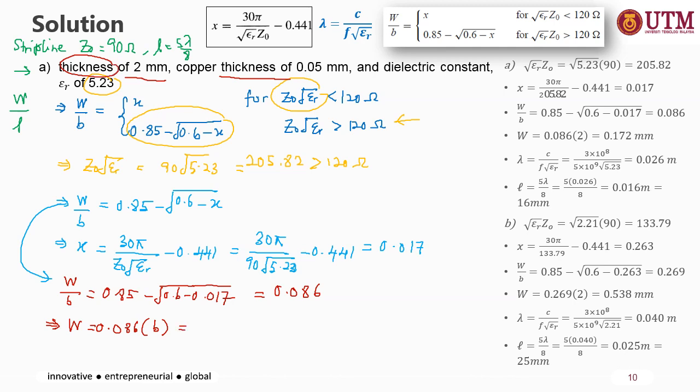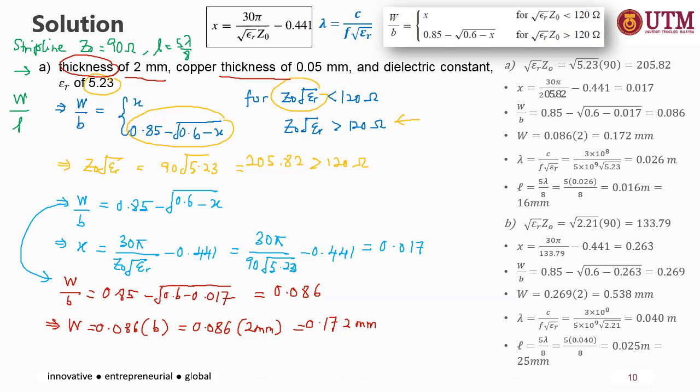So in this case, 0.086 multiplied by 2 mm, so your W will be equal to 0.172 millimeter. Please be careful with the unit. If you want to use millimeter, use millimeter for all calculation, or else you need to convert it into the standard unit, meter.